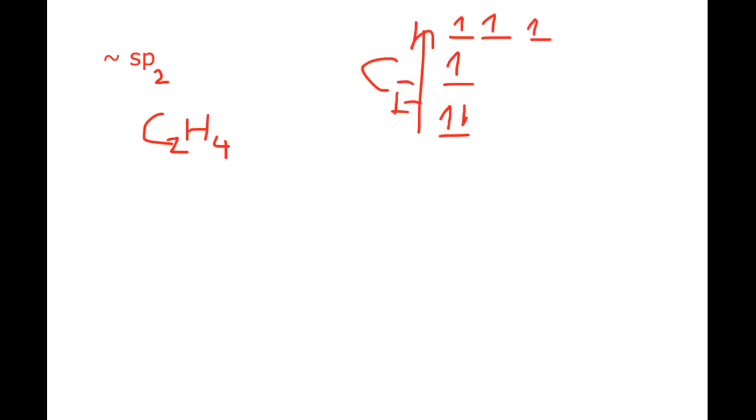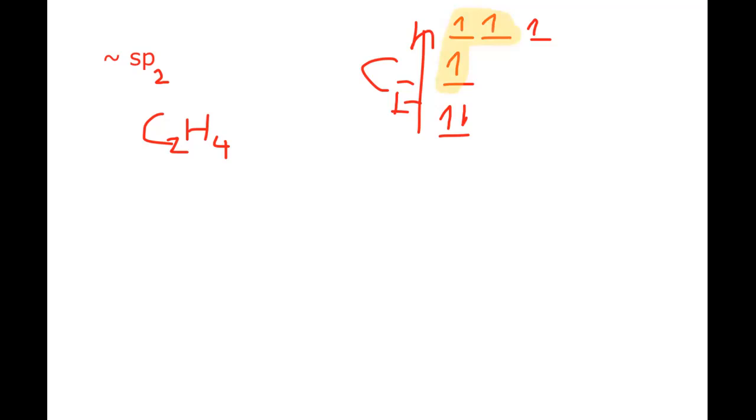Now in sp2 hybridization, one s orbital and two p orbitals combine to form the sp2 hybrids. So for example, these three orbitals will combine and form an energy level at an intermediate energy. They will form an intermediate energy level between 2s and 2p.